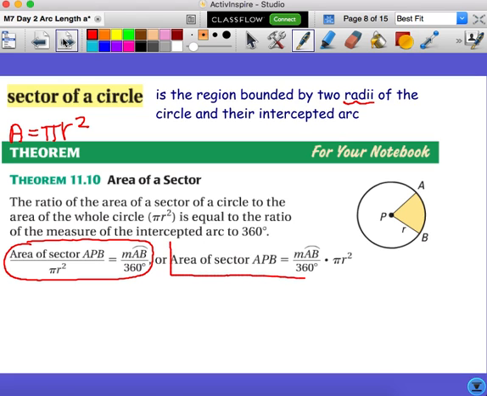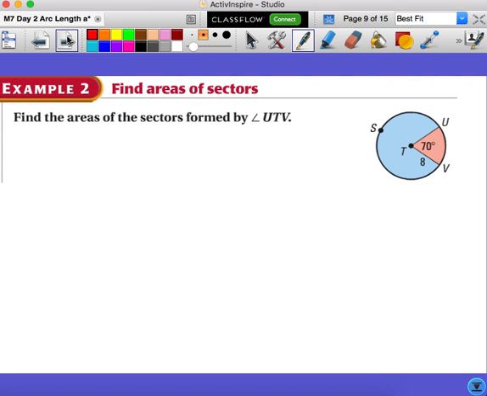If you solve that equation for the area of the sector, it's the measure out of 360 times pi r squared. I would jot both of those down in your notes, and you may use either interchangeably. For sake of consistency, I'm going to stick with the actual formula, which says the measure out of 360 times pi r squared will give me my area of the sector.